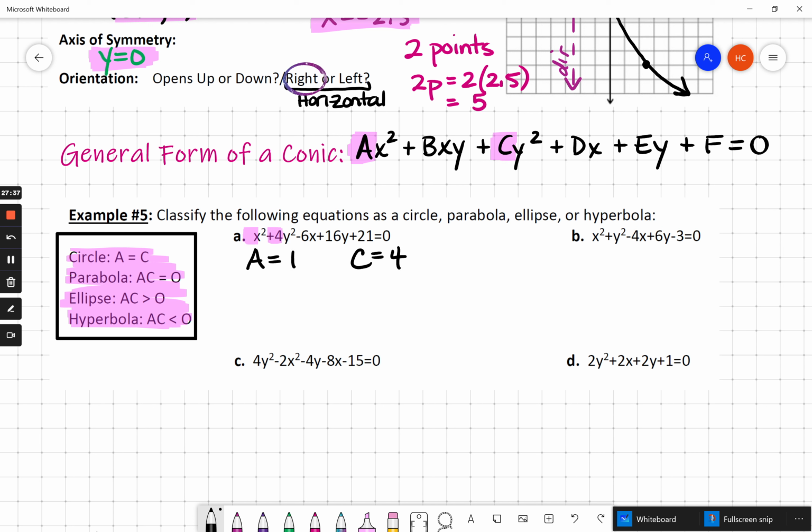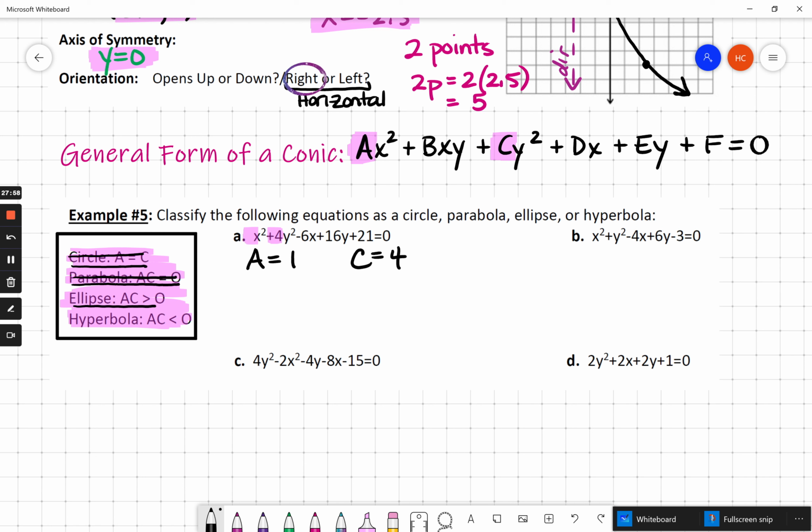So we look at the first rule. Are A and C equal? No, they're not equal, so I'm going to cross that out as an option. Then I'm going to look at parabola. Is A times C going to give me a 0? Well, 1 times 4 is definitely not going to be a 0, so parabola is not an option.